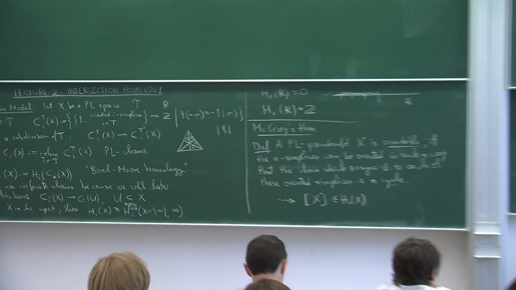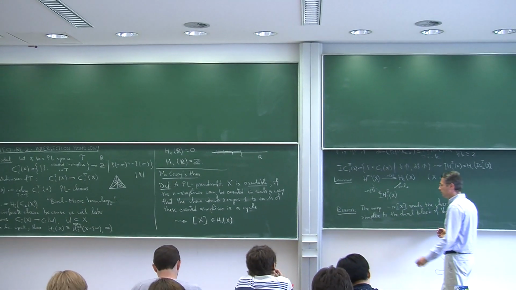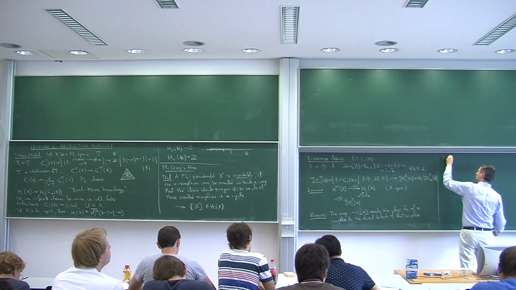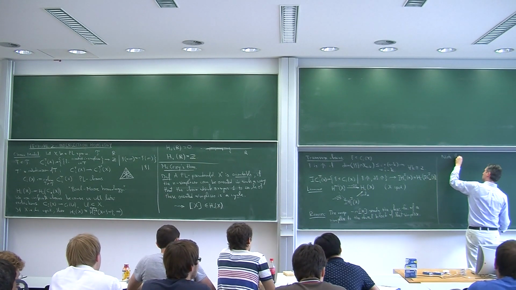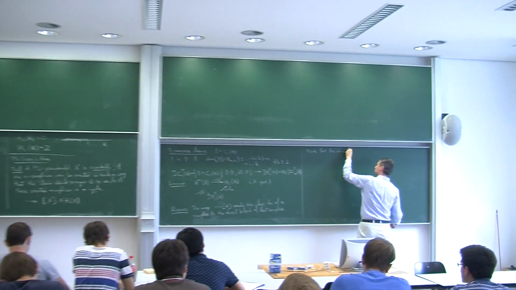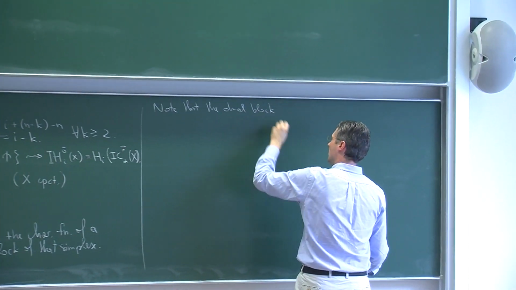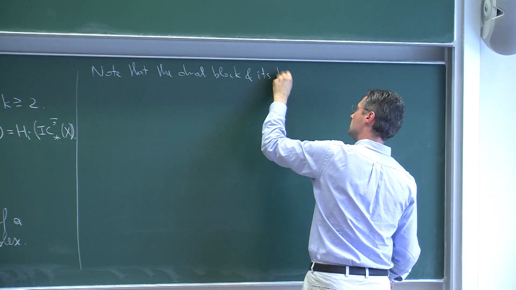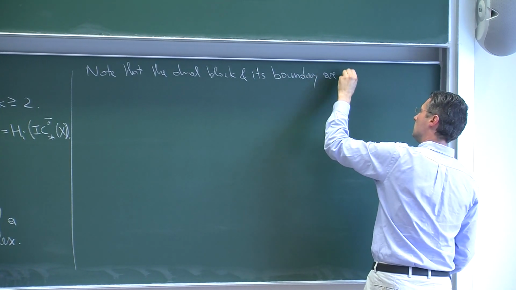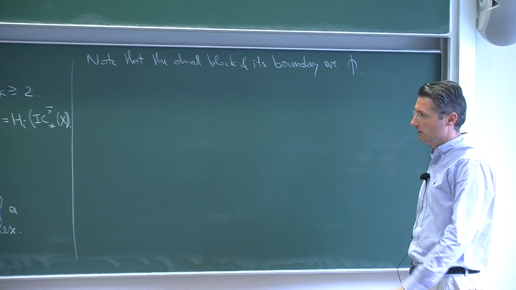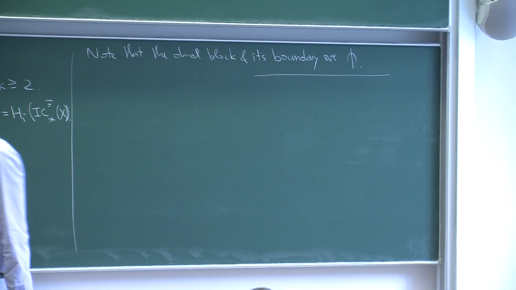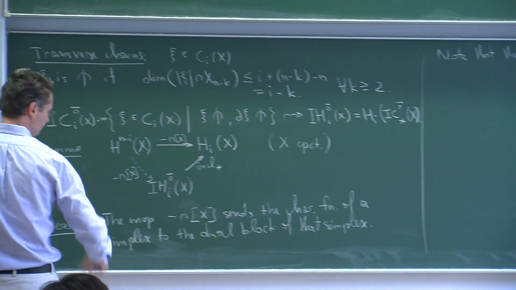The dual block of that simplex, and now we just observe that the dual block and its boundary are transverse. And that's the proof. So actually, this lands in here.